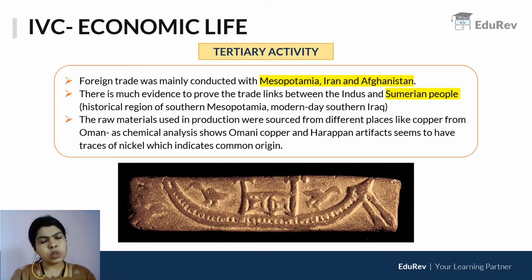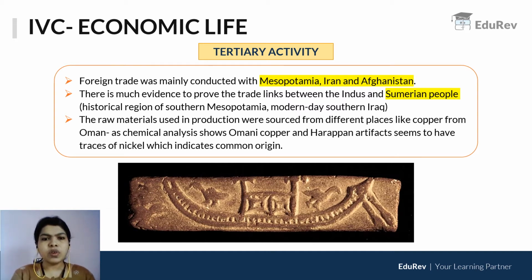Foreign trade was mainly conducted with Mesopotamia, Iran, and Afghanistan. Especially, evidence has been found with regard to trade and commerce with the Sumerian people. There is much evidence to prove the links between the Indus and the Sumerian people.